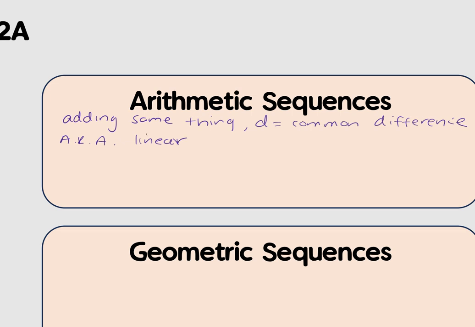So if it says something is arithmetic, you can make it linear, meaning I can take my arithmetic sequence term, which is an equals a1 plus d times n minus 1, and I can also change that into slope-intercept form. If they give you two terms in your arithmetic sequence, I can also just make them two coordinate points and put it into point slope, because arithmetic would be the same thing as linear.